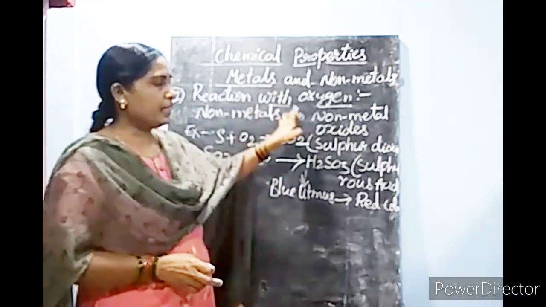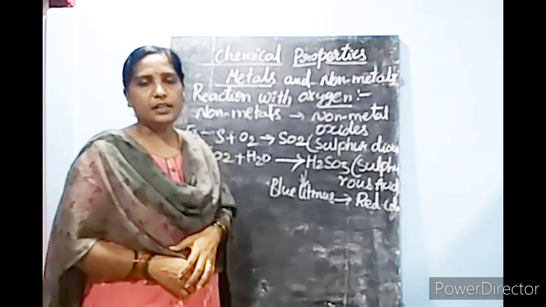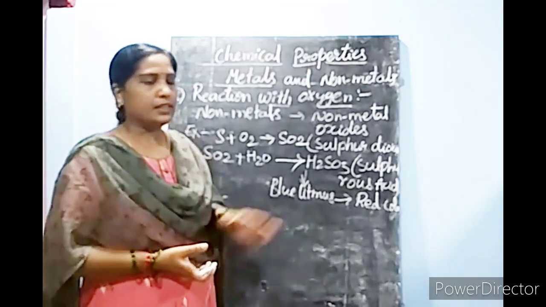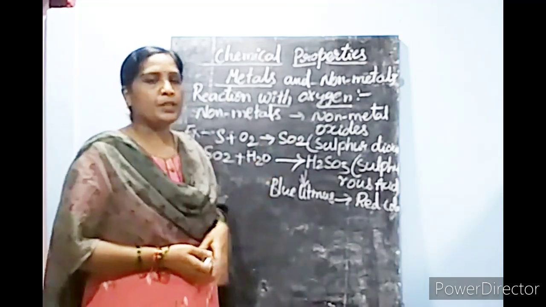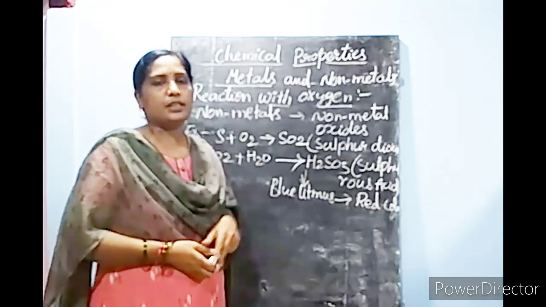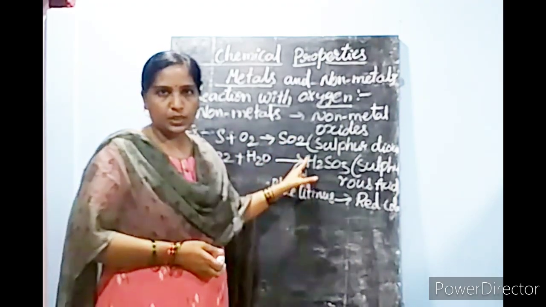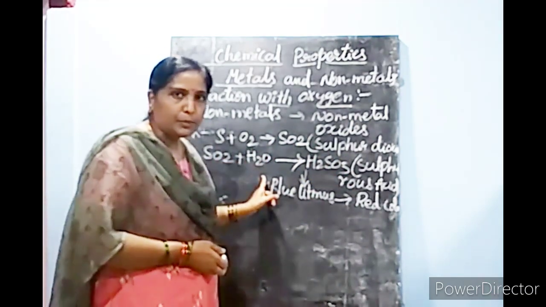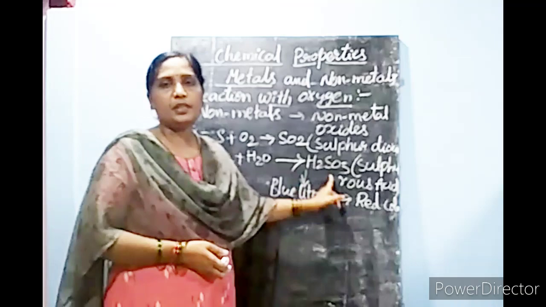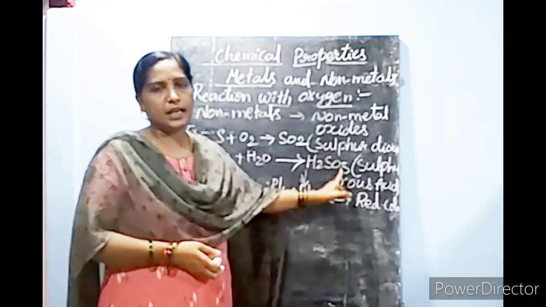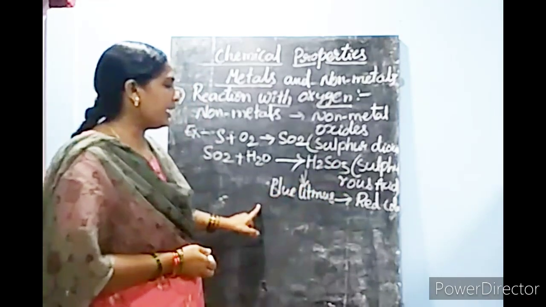When nonmetals react with oxygen, they form their non-metal oxides like SO2. Sulfur is a non-metal. When it reacts with oxygen, it forms SO2, sulfur dioxide. When we add a little amount of water to sulfur dioxide, it forms H2SO3, sulfurous acid.